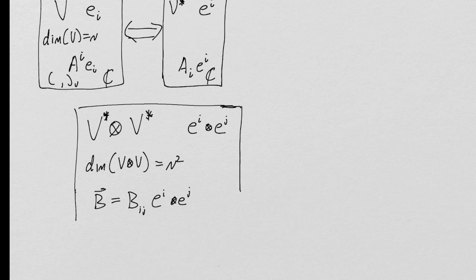Because we could, and we did in the tensor relativity section, do another tensor product space, and in that case the basis vectors would be E_i tensor E_j tensor E_k.